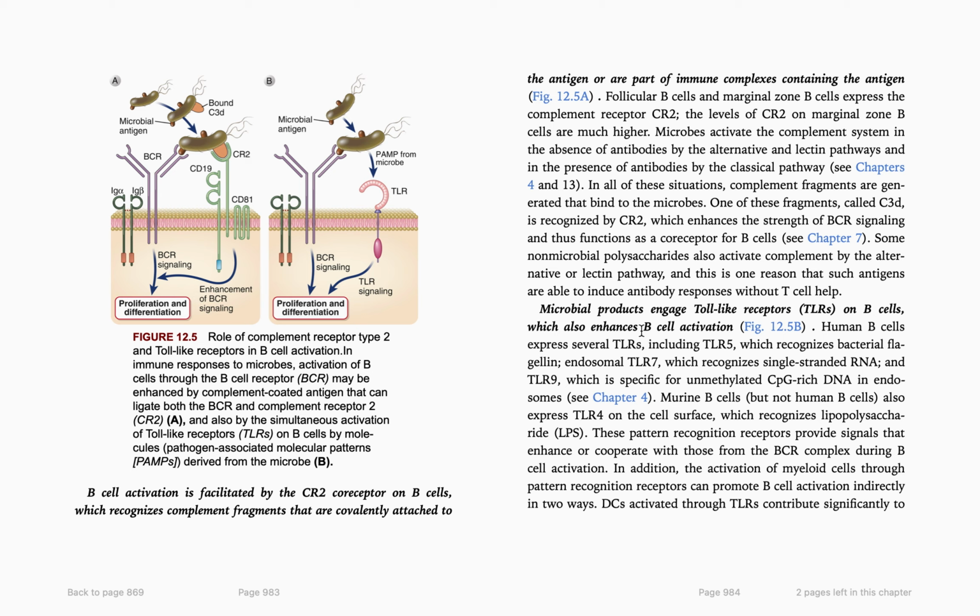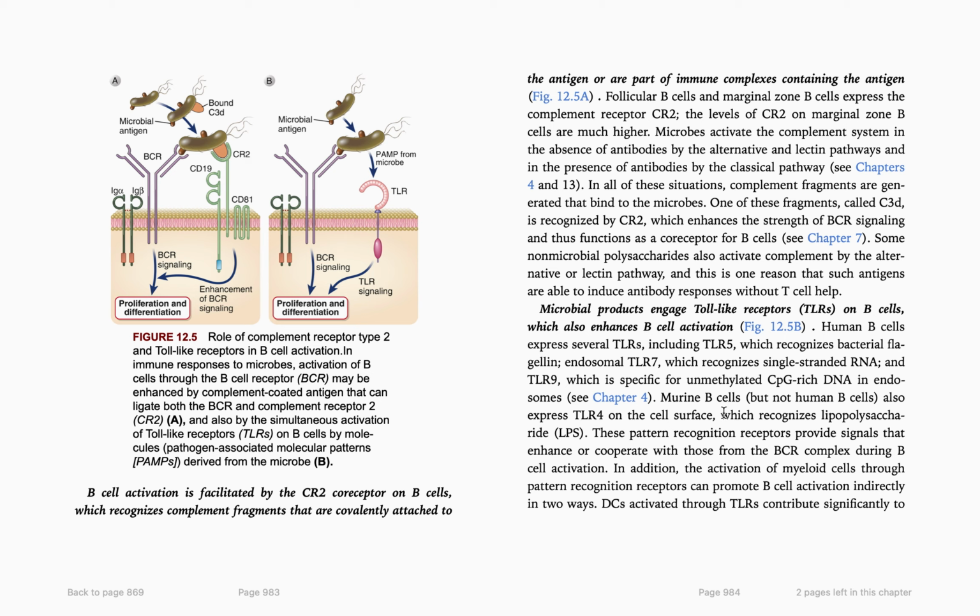Microbial products engage toll-like receptors (TLRs) on B cells, which also enhances B cell activation. Human B cells express several toll-like receptors, including toll-like receptor 5, which recognizes bacterial flagellin, endosomal toll-like receptor 7, which recognizes single-stranded RNA, and toll-like receptor 9, which is specific for unmethylated CpG-rich DNA in endosomes.